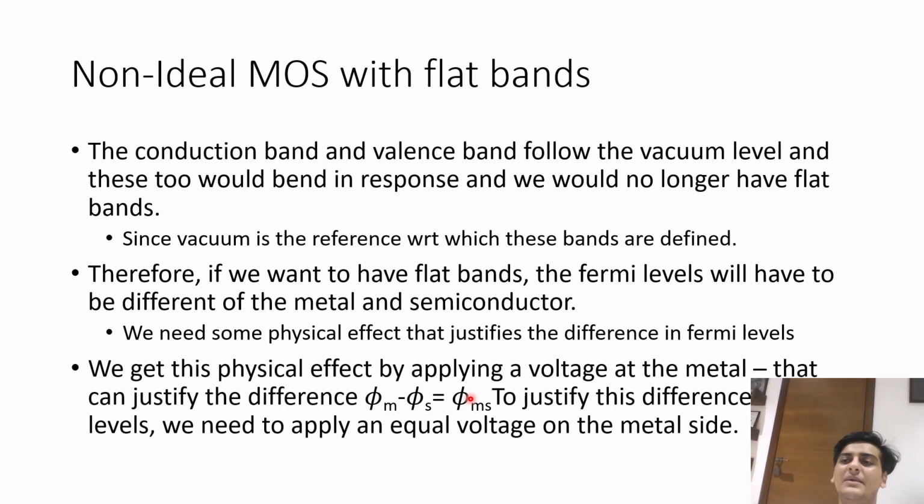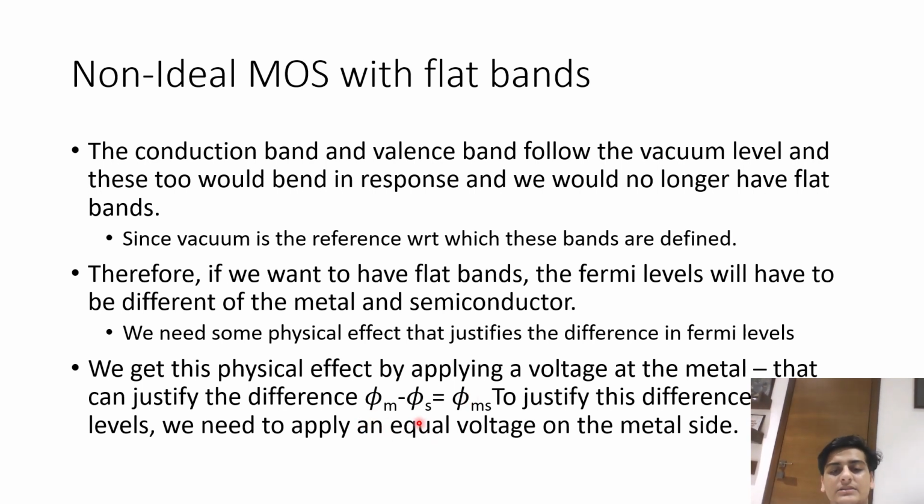Now you need some electric field that justifies this 2 electron volt difference, and the voltage you need to apply to generate this electric field will be 2 volts on the metal side to show that the electrons are being pulled towards the metal.